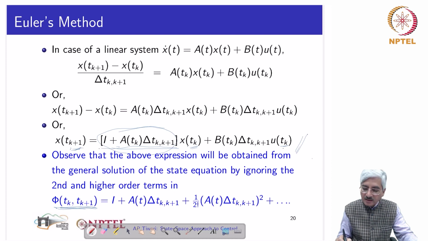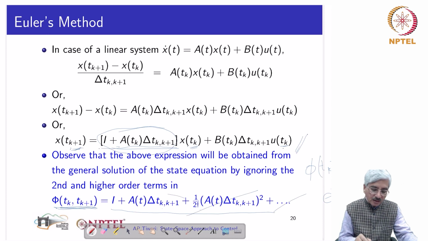As we have seen, phi(tk+1) will be equal to e power A tk plus 1, so basically e power A delta t, which is expressed by this series: identity matrix plus A delta t plus half A squared delta t squared plus 1 by factorial 3 A cubed delta t cubed, etc. If we ignore second order and higher order terms, we are left with this.